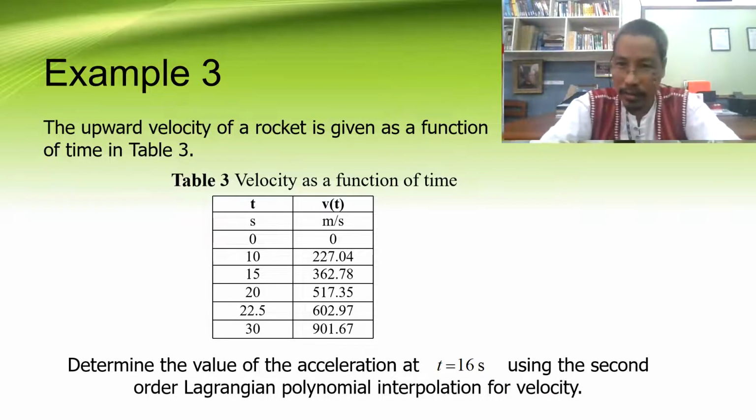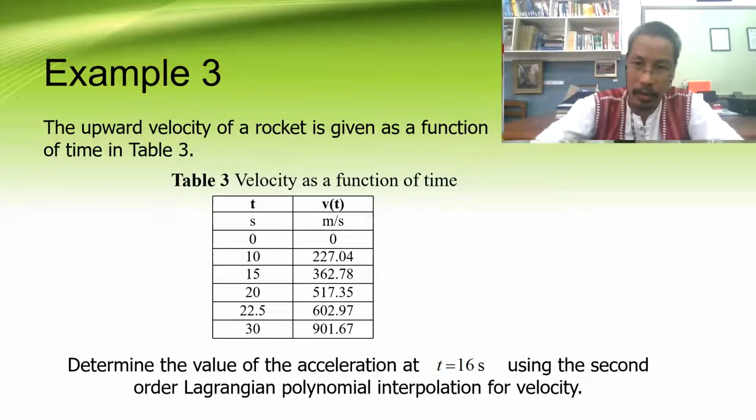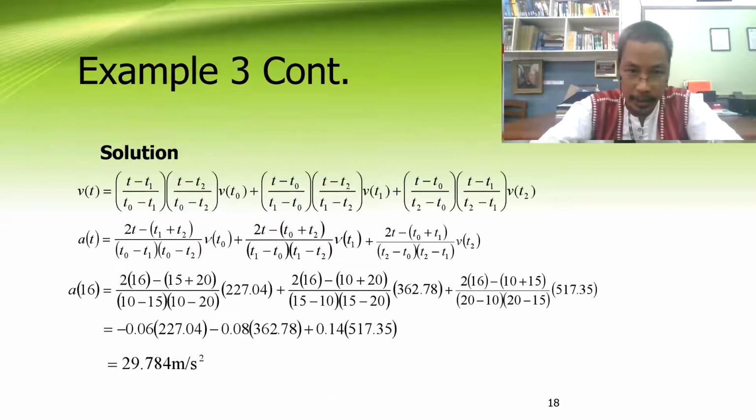So it is useless to use the third order Lagrangian polynomial. It is useful for us to use instead the second order Lagrangian polynomial. So the second order Lagrangian polynomial is the solution.